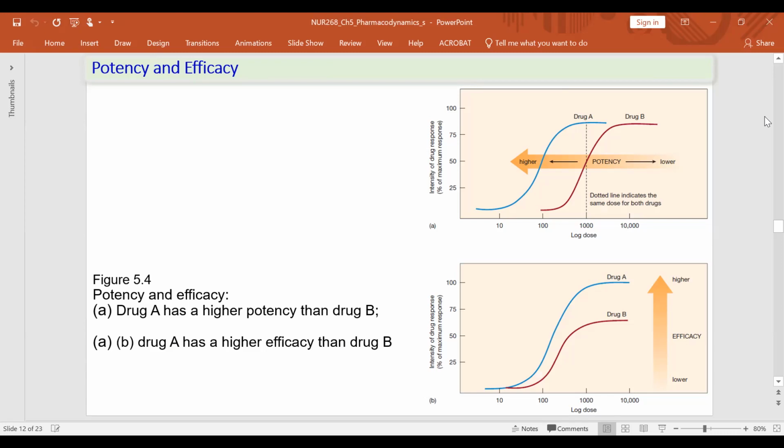For example, some antihypertensive drugs lower the blood pressure to a greater extent, more effectively, than others. Among antineoplastic agents, the anti-cancer drugs, some of these medications will kill more cancer cells than others.